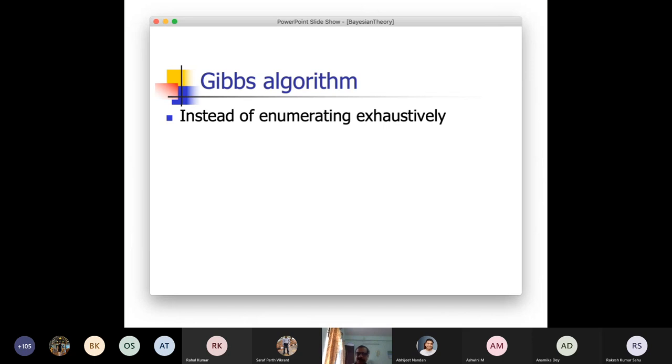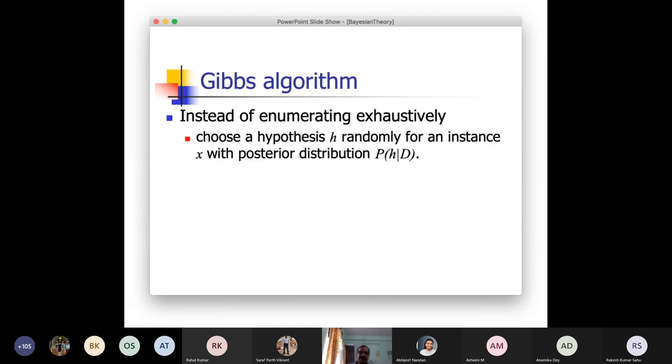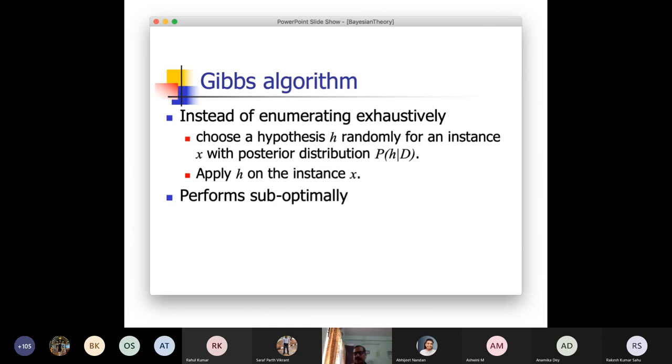One of these algorithms is the Gibbs algorithm. What it does is it considers a probabilistic way of choosing any hypothesis, and this probability is proportional to the posterior. So it chooses a hypothesis H randomly for an instance X with posterior distributions, and then applies H on that instance. We say optimal with respect to a given set of observations.